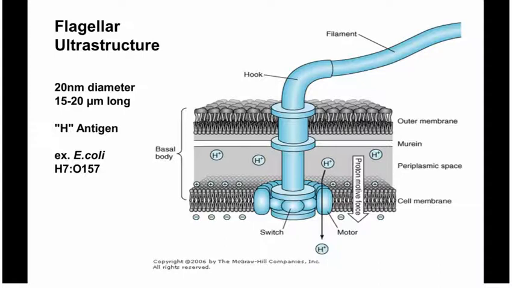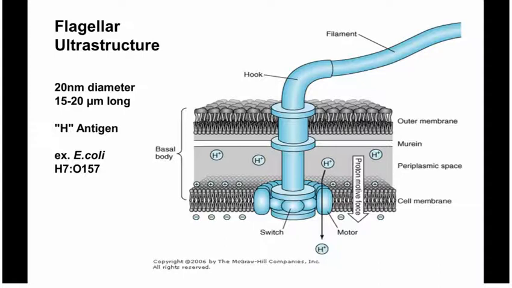It's quite big. All of this filament is formed by hundreds, thousands of copies of the same major filament protein, and this is what constitutes the H antigen on some gram-negatives. So it's useful, once again, for identifying bacteria. It's a facultative structure: not all bacteria have them, and within a species, some can be flagellated, some not, and the antigens can be different.